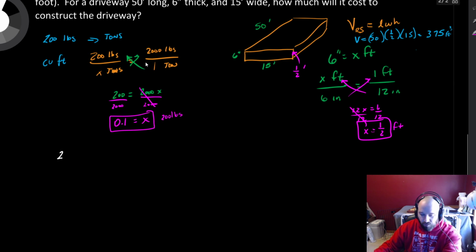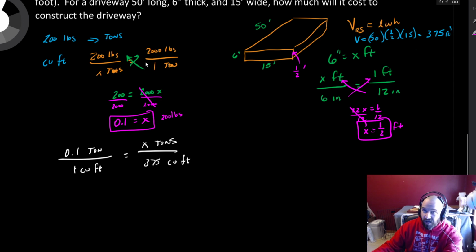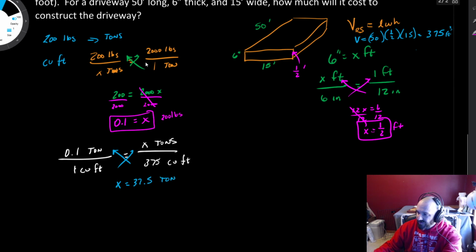So I have 200 pounds, which is going to be 0.1 tons per 1 cubic foot, equals how many tons in 375 cubic feet? I need to know how many tons because that's what I'm buying it by. All right, so cross multiply. That's going to give us x is equal to 375 times 0.1, which is 37.5. So this is going to be 37.5 tons.